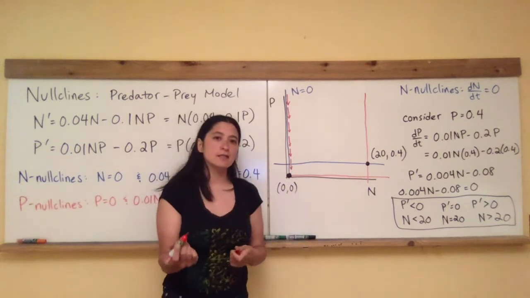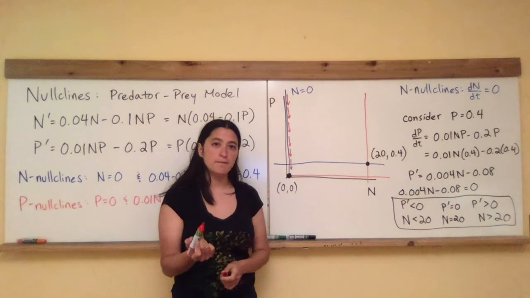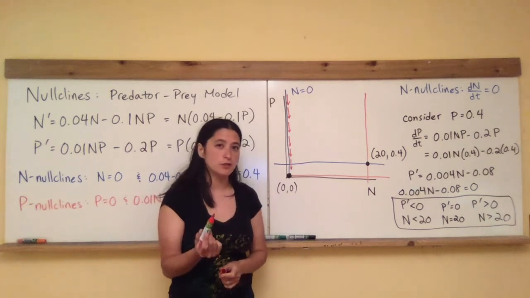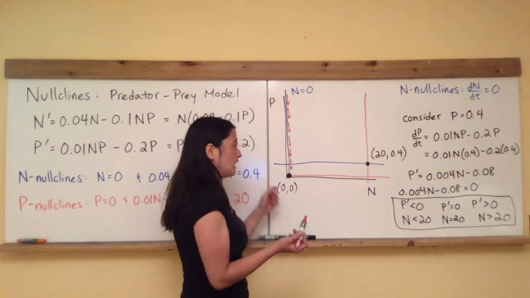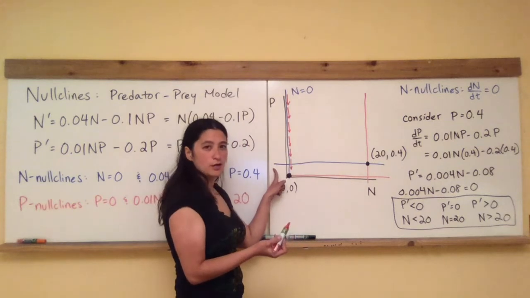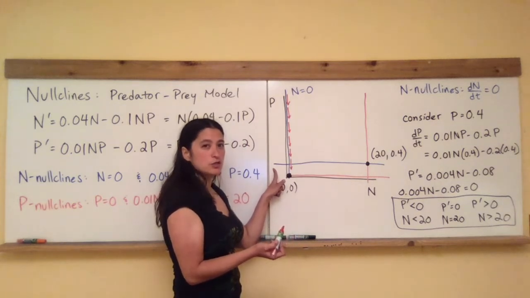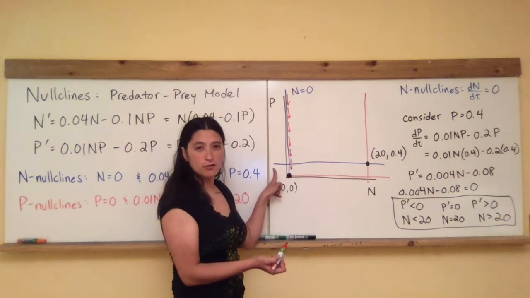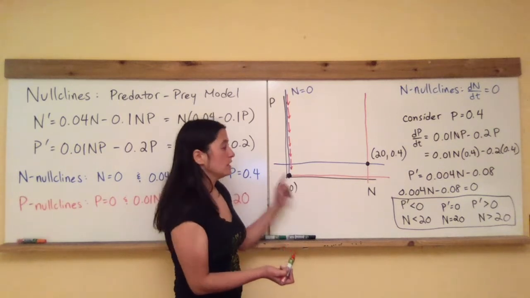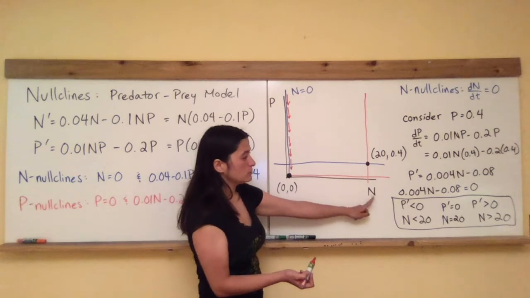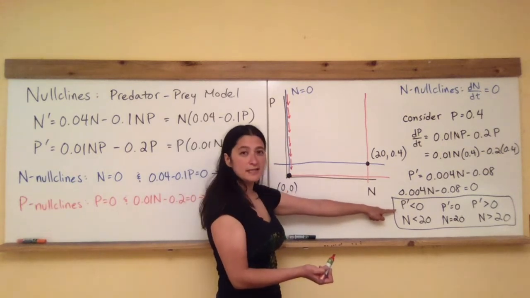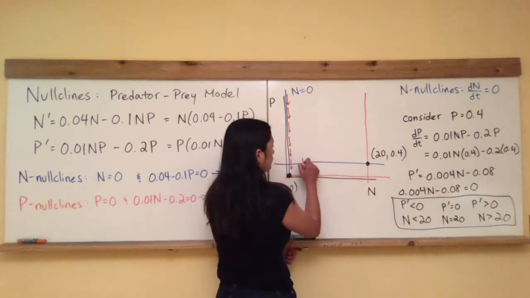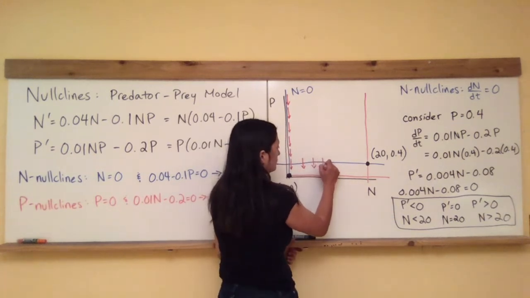And the final thing that I'm going to do is take my red pen and draw vertical components of the vector field. On the blue nullcline, I'm either going to draw up arrows when p prime is positive, or down arrows where p prime is negative. Okay, so right here's the level where n is equal to 20. I'm going to use the statement that when n is less than 20, p prime is less than 0 to draw down arrows.